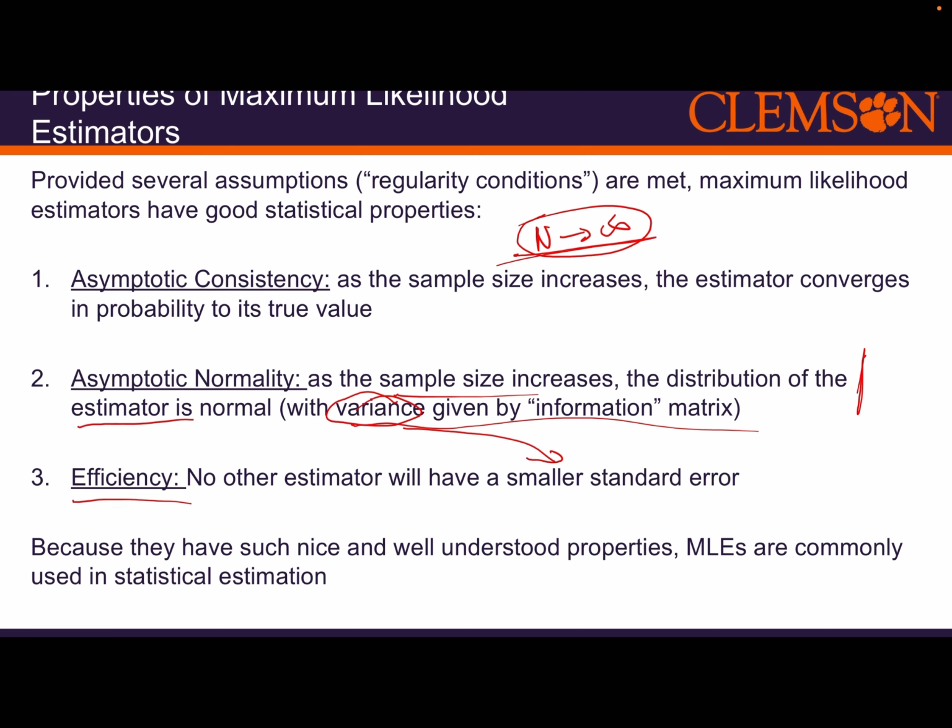So that's why you may hear things like, oh, this is a large sample statistic. That really means, hey, we're using maximum likelihood and the properties of maximum likelihood are really, really nice. Because of these three, actually there are quite a few other properties, but these three in particular, maximum likelihood estimators are really commonly used in statistical estimation.